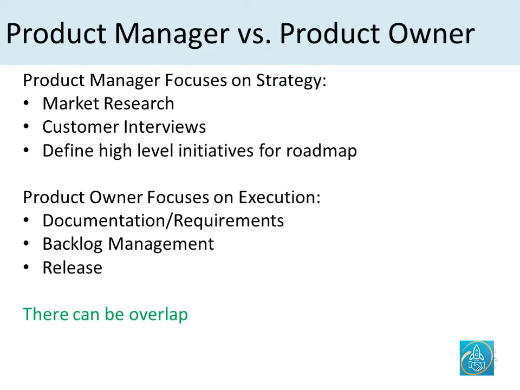And then it is upon the product owner to own the release, and that means owning the definition of done. Does the work that was done by the development team meet the requirements as specified by the stakeholders and the business users? All that execution part is done by the product owner.